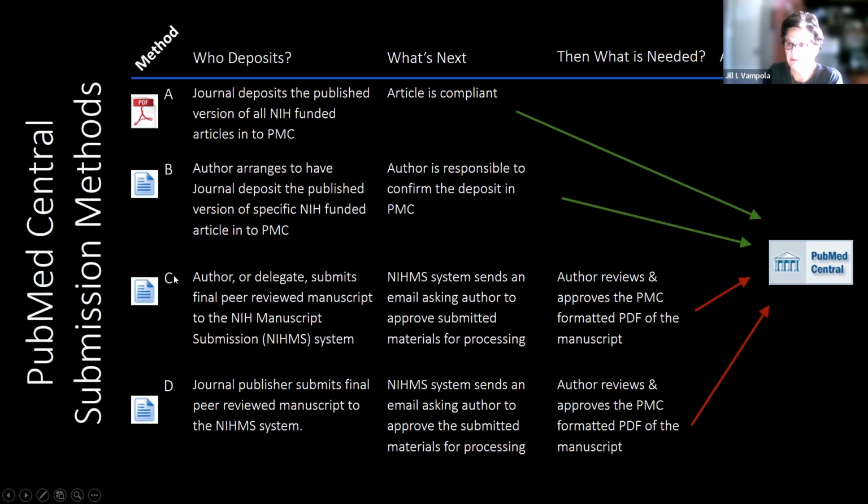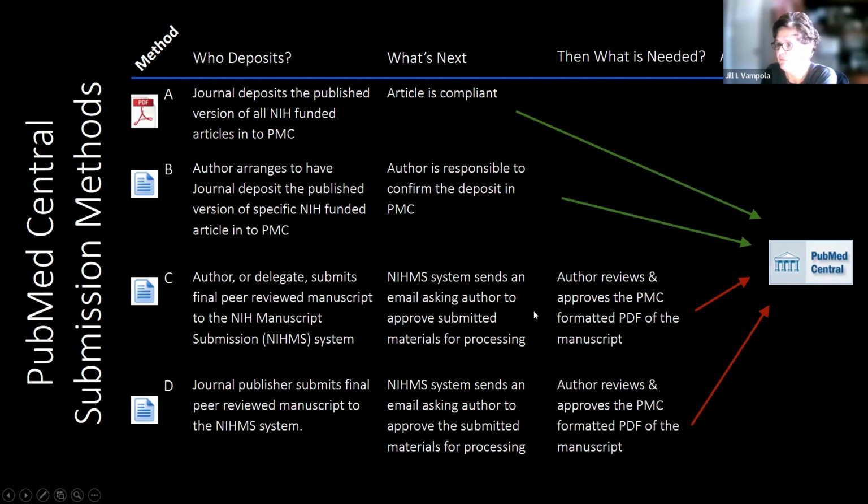Then there's method C, which I think is the most popular, where the author, or the delegate, submits the peer-reviewed manuscript to the NIMS system, and then the NIMS system sends an email asking the author to approve and submit materials for processing. We know this relies on someone responding to an email, which a lot of times can be the problem.